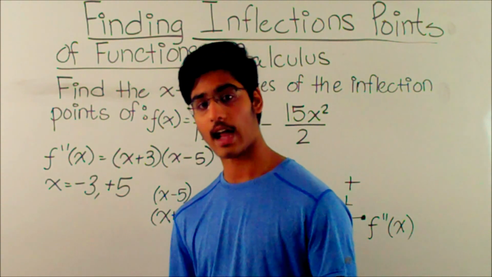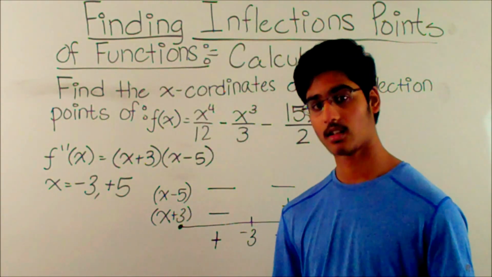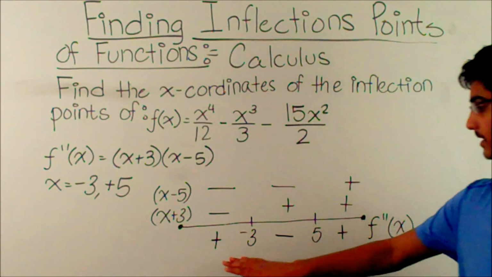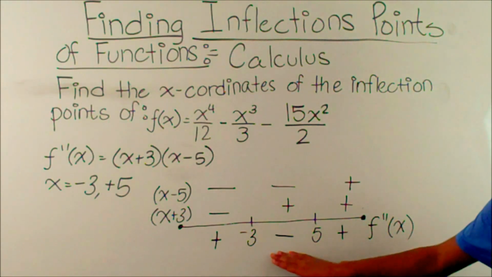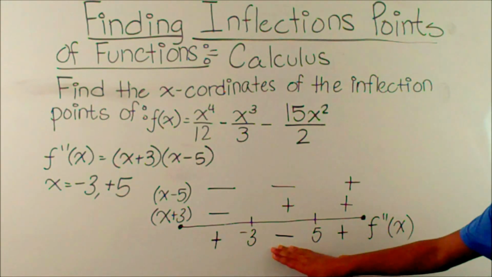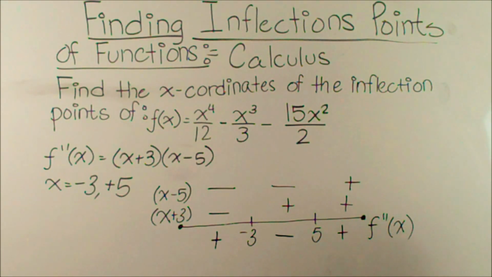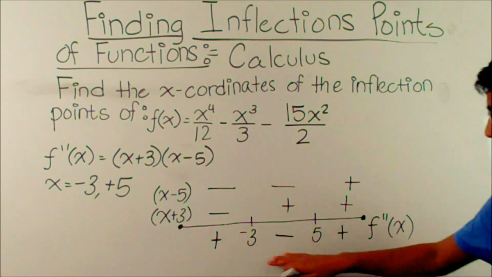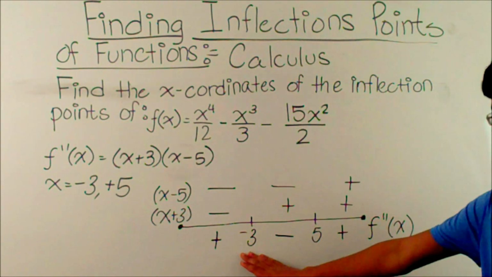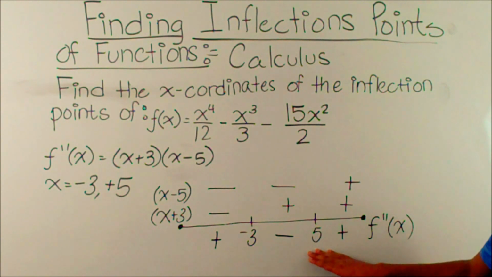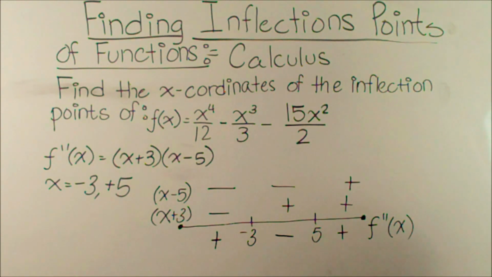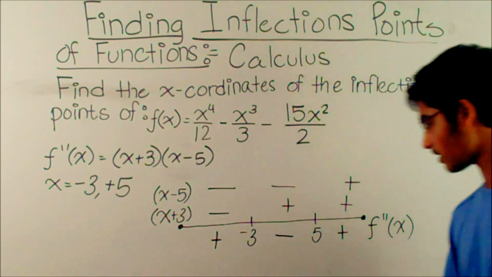It's when concavity changes from concave down to concave up. Here it's concave up, and it changes to concave down. From here it's concave down, and it changes to concave up. So if these are the parts where it changes, then that means that x equals negative 3 and x equals 5 are the x-coordinates of the inflection points.